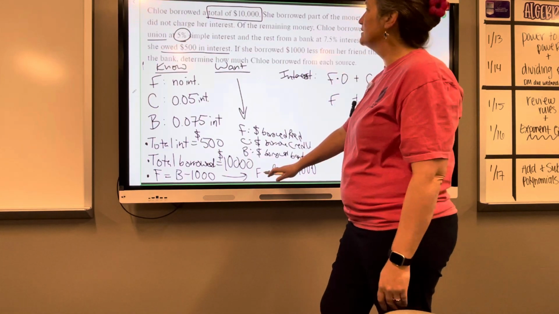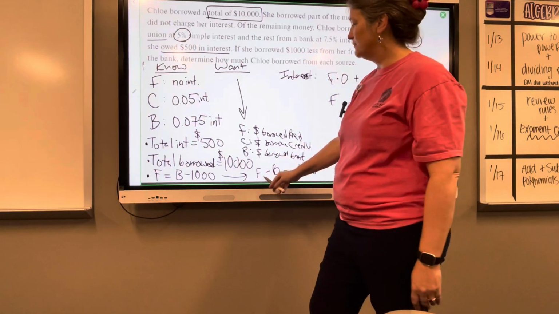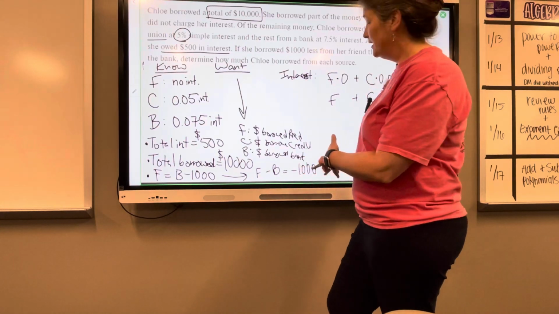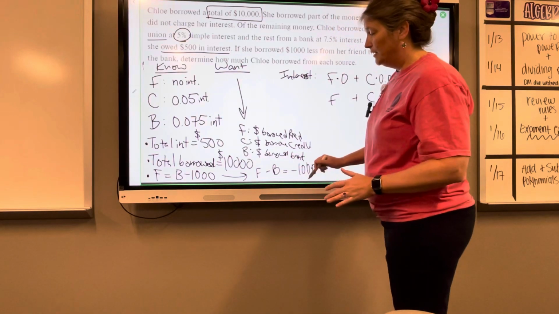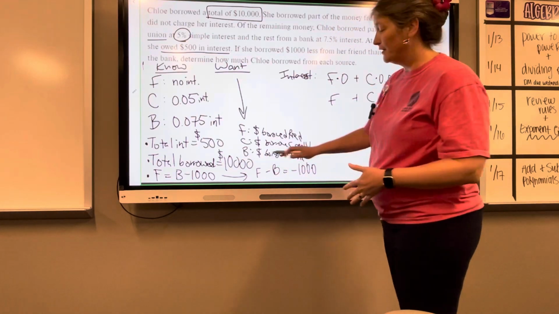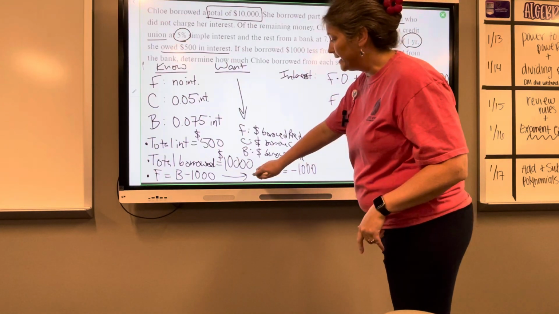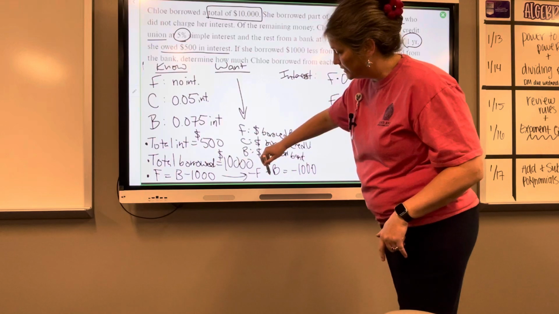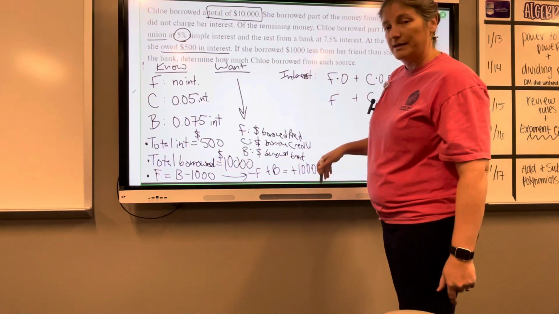Because the friend says she borrowed $1,000 less from the friend. So if I start with the lesser amount and subtract the greater amount, I'm going to get a negative. Now, if you set this relationship up differently, you may have multiplied the entire thing through by a negative. But remember, each of these rows is an equation, so you're allowed to do that. Maybe you have B minus F equals 1,000.